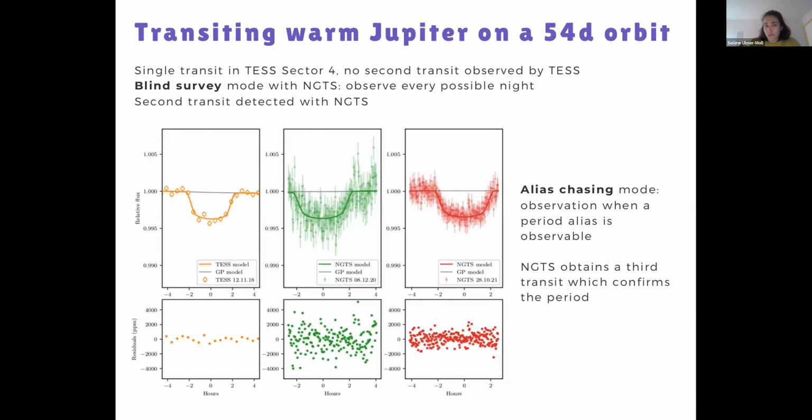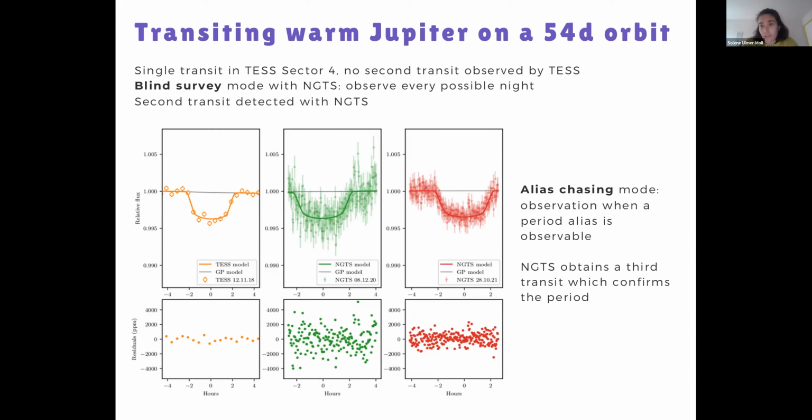And so I want to show you just one example of a transiting warm Jupiter. On the left side in orange, you have the TESS single transit that I showed before. Then NGTS was able to recover a second transit. And from that, we then scheduled period alias chasing, where we only observe the nights where we know a period alias can transit.